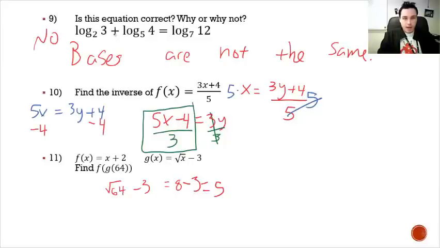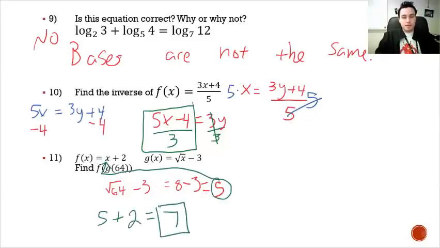Now I'm going to take that amount, plug that into the next thing, which is the f function. So I'm going to put 5 in for that x. 5 plus 2 is 7. So then that answer there is 7.